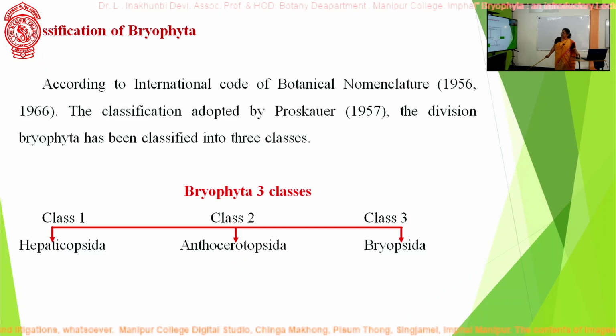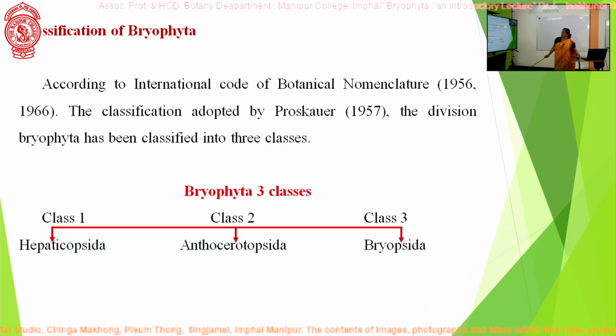And class 1, Hepaticopsida, is otherwise known as Hepaticae, and here the plant bodies, as I have already discussed, the structural organization of Riccia and Marchantia.